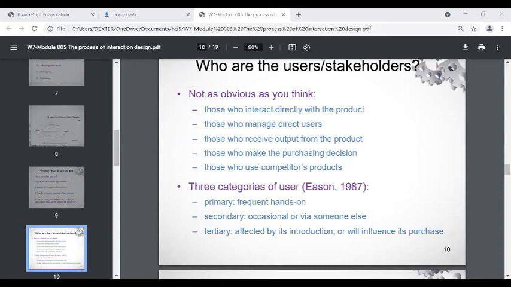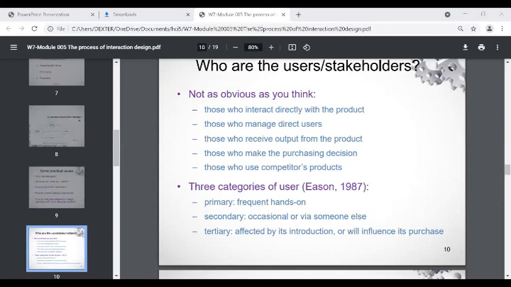For example, other definitions of user include those who manage direct users, those who receive products from the system, those who test the system, those who make the purchasing decision, and those who use competitive products. Eason identified three categories of user: primary, secondary, and tertiary. Primary users are those likely to be frequent hands-on users of the system.